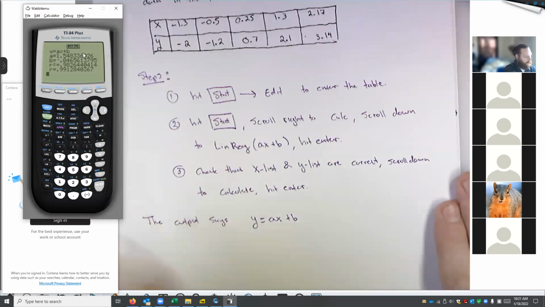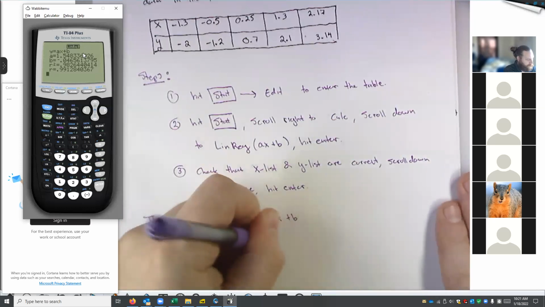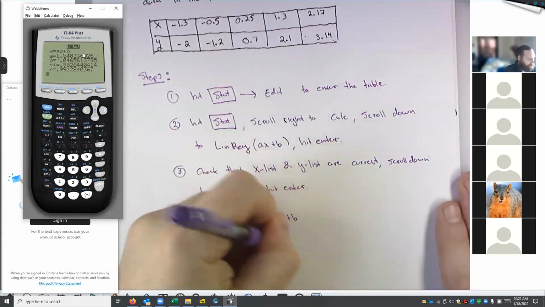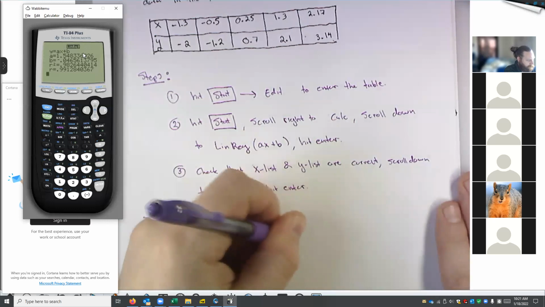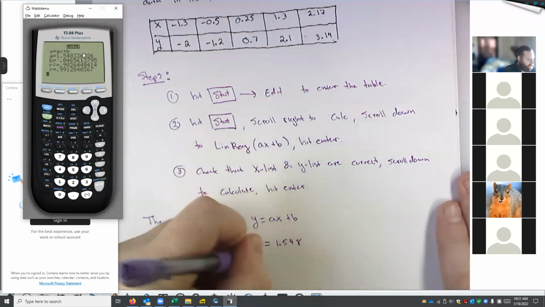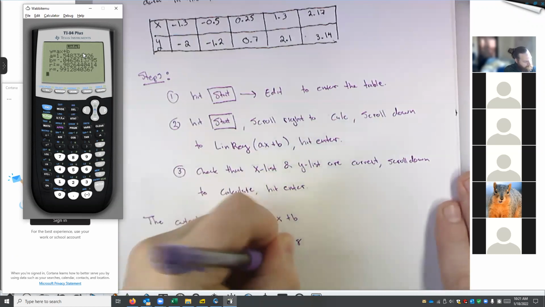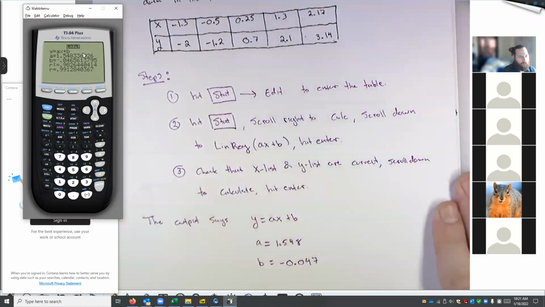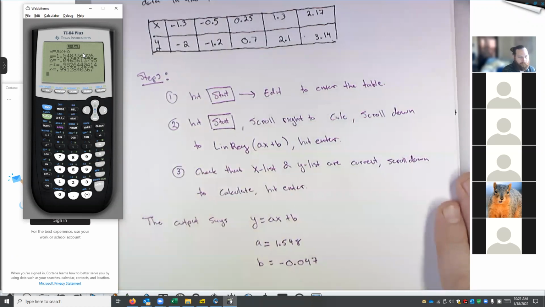So the output says y equals ax plus b, and then it will say a, and I'm just going to round to 3 decimal places here, 1.548. B is negative 0.047. Again, rounding at that 3rd decimal place.